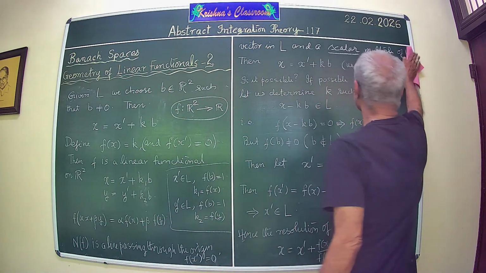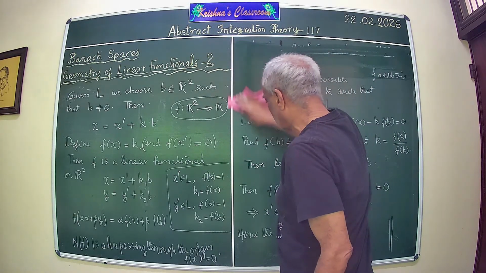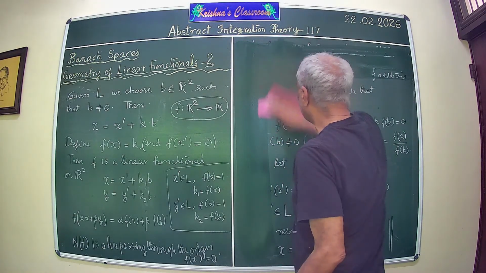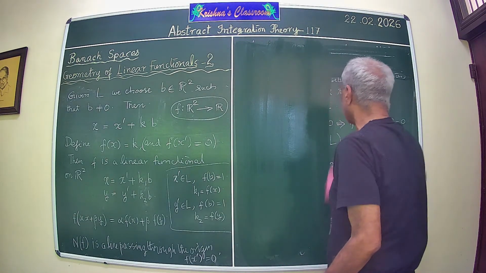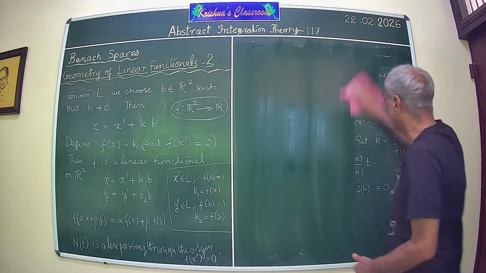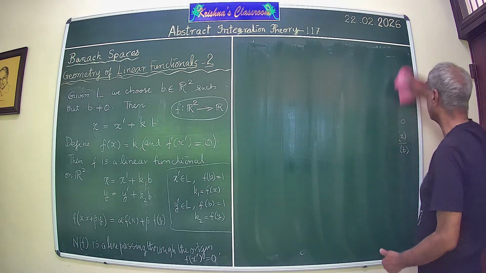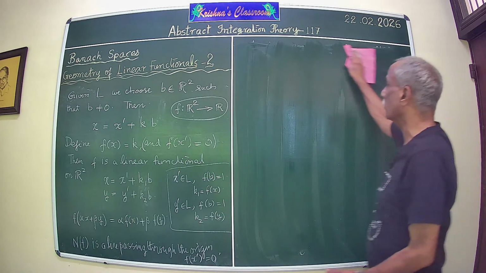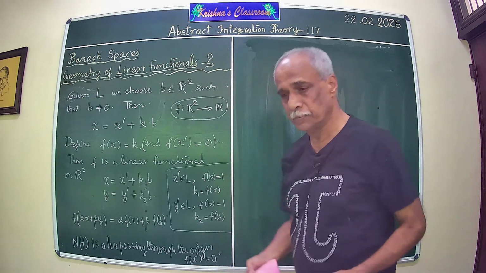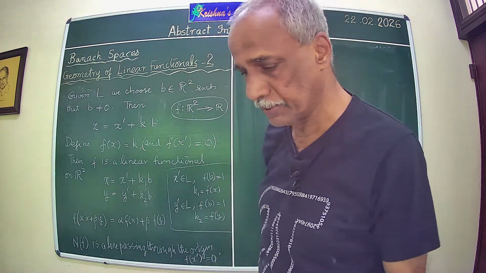Okay, so that's it. So what you have is, given a subspace in R2, you can actually construct a linear function whose null space is the given subspace.